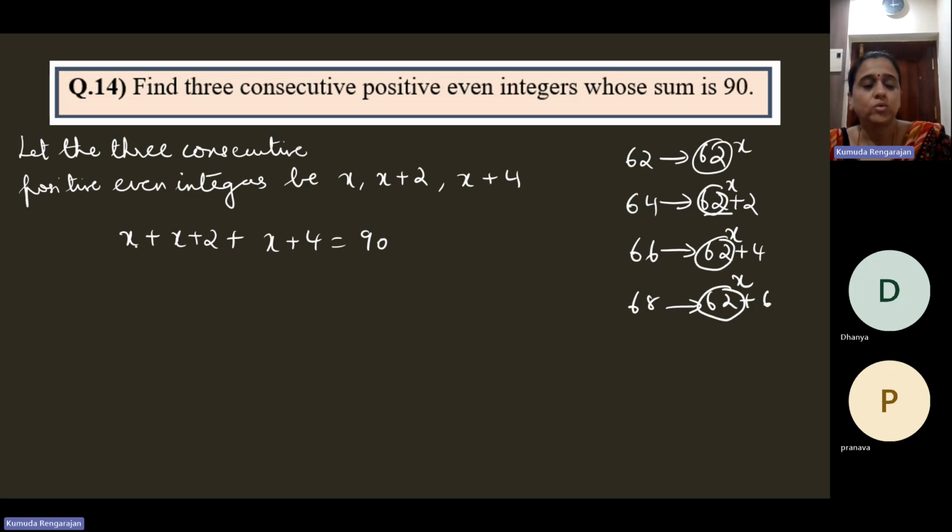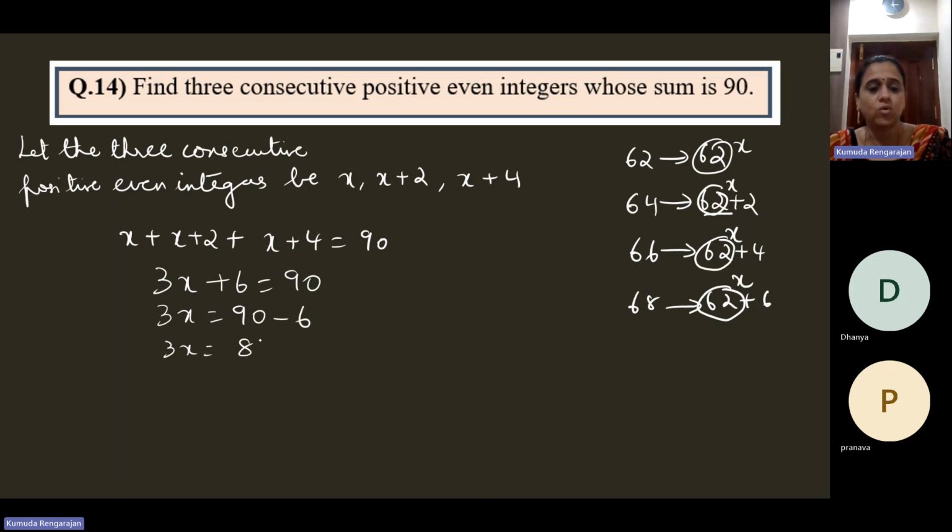Okay. So we have x plus x plus x, 3x, 2 plus 4, 6 is equal to 90. 3x is equal to 90 minus 6. 3x is equal to 84. x is equal to 84 divided by 3. x is equal to 28. Correct?